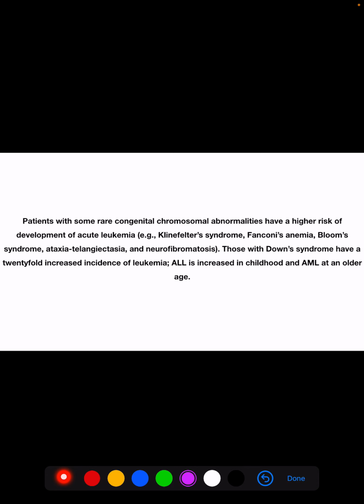And congenital disorders are very important from the MCQ point of view as well as the theoretical point of view.